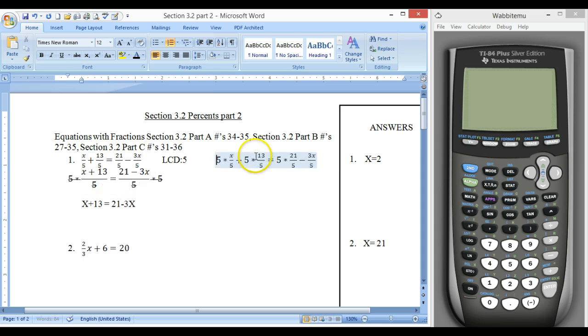And let's bring that over and do 5 times here. And you'll notice, because I have all of these fractions, the 5 will cancel out with every single one of these denominators.